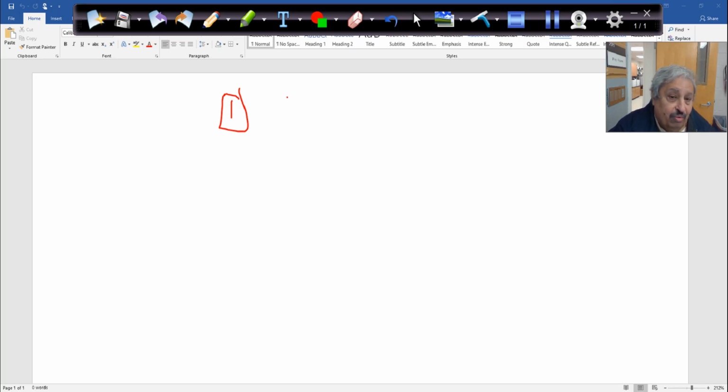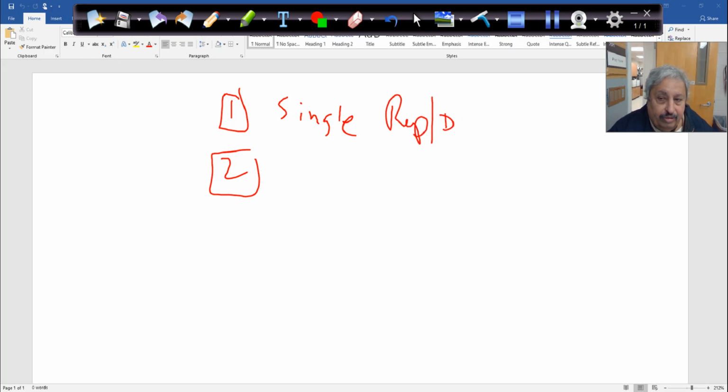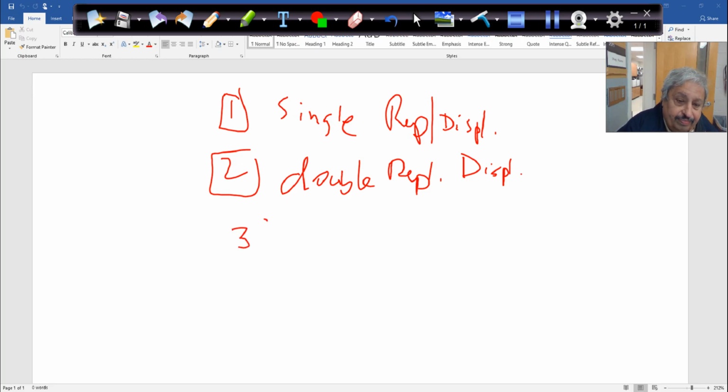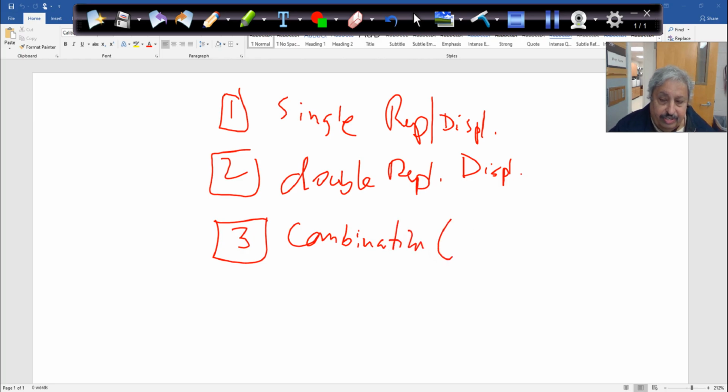We studied single replacement or displacement, and then double replacement or displacement, and we have combination, sometimes called synthesis.